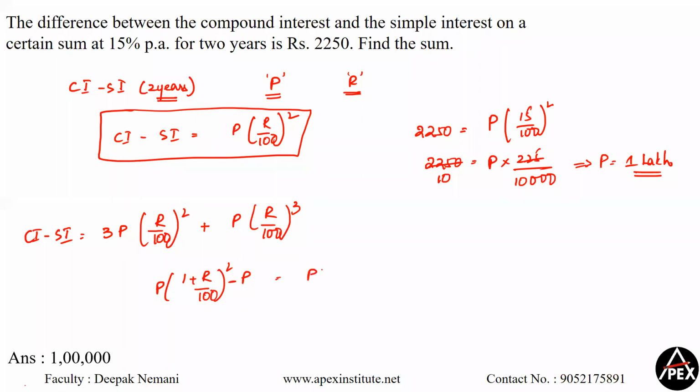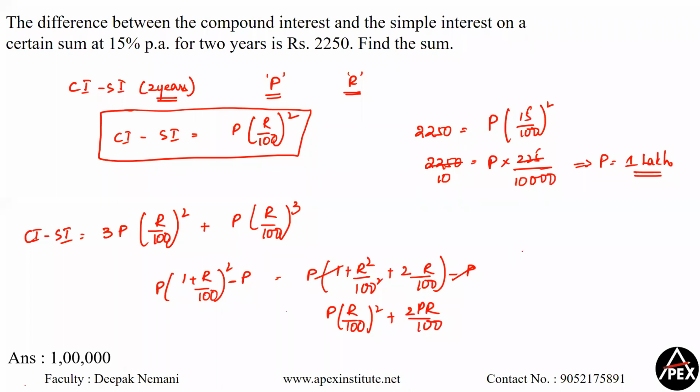Okay, so this is P into 1 plus R square by 100 square plus 2R by 100, just simple expansion, minus P. Okay, if you observe, this P and this will get cancelled. You will have P into R by 100 square plus 2PR by 100.